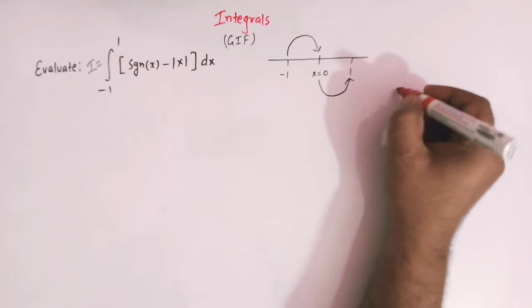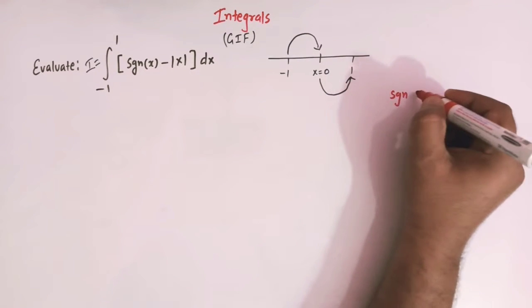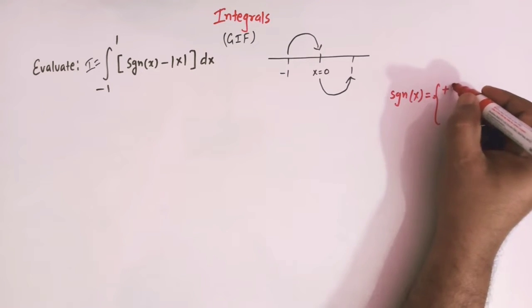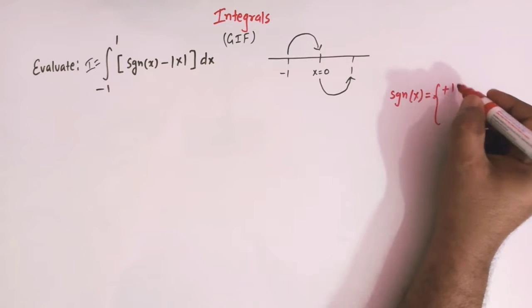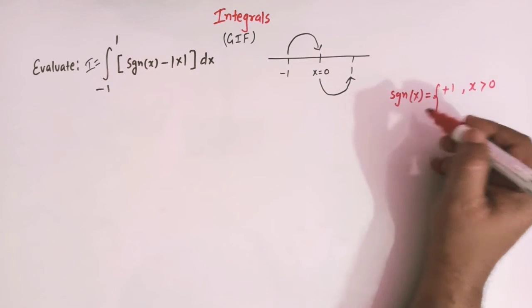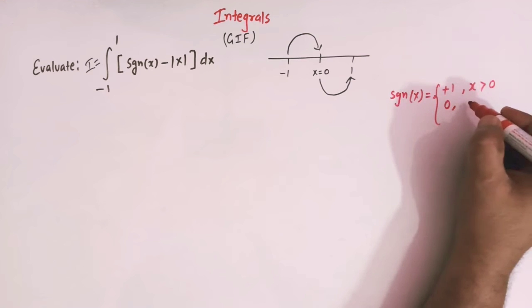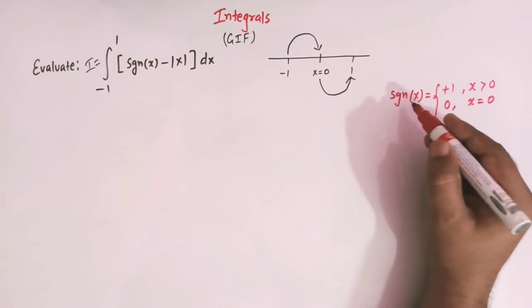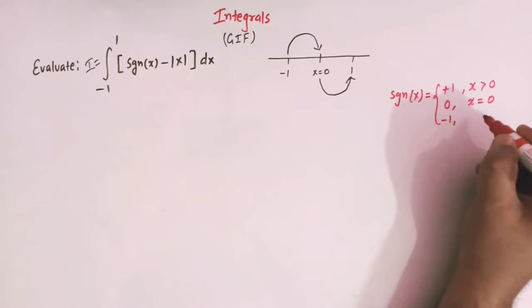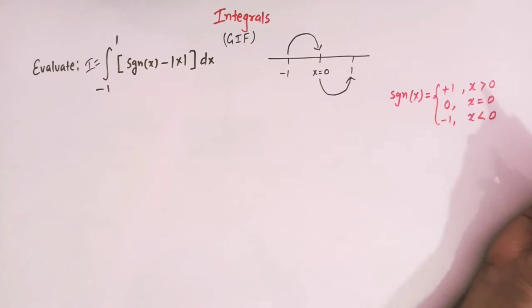So we know that signum of x will take +1 value whenever x is greater than 0, and signum of x is equal to 0 whenever x is equal to 0, and signum of x will take the value -1 when x is less than 0, right?